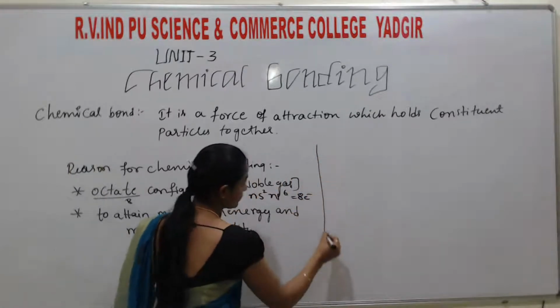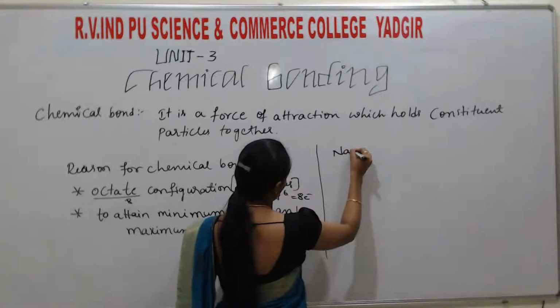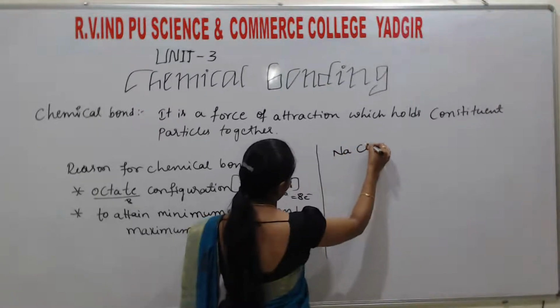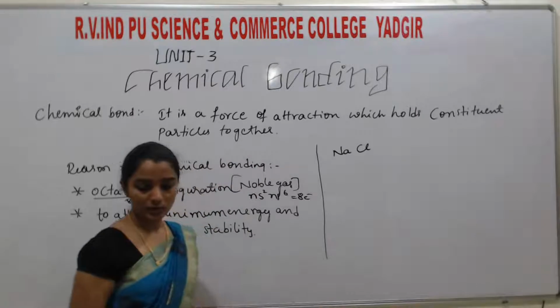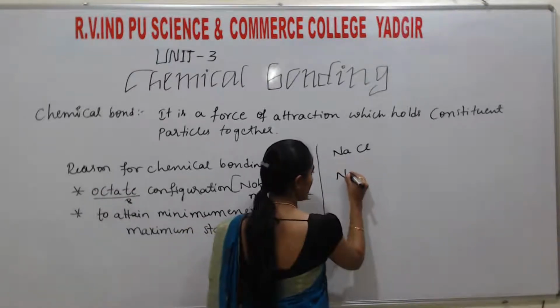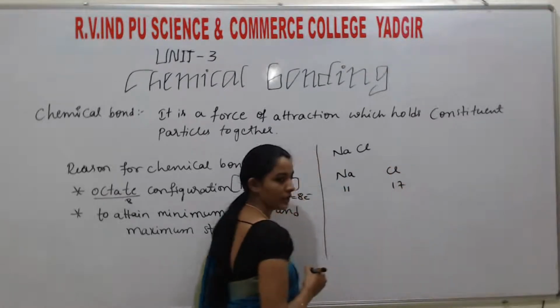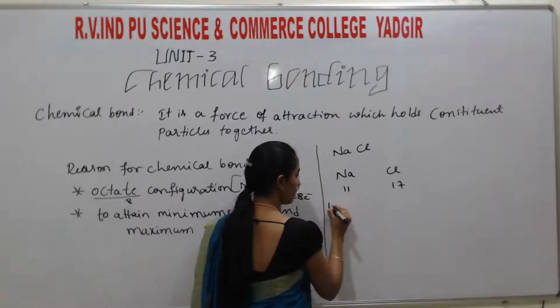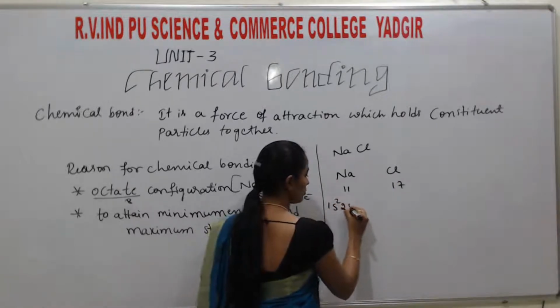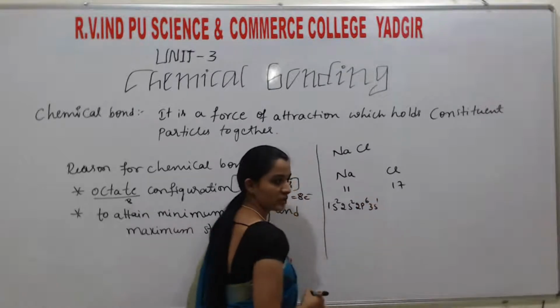Assume NaCl. Na has atomic number 11 and Cl has atomic number 17. The configuration of Na is 1s2, 2s2, 2p6, 3s1.